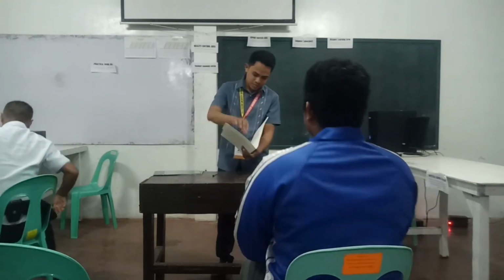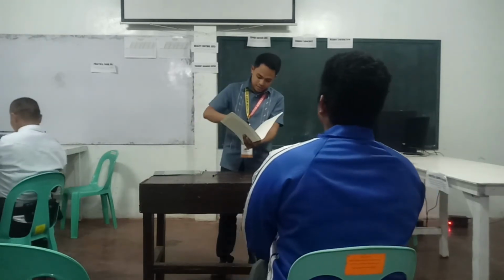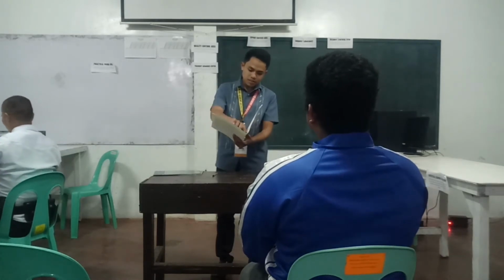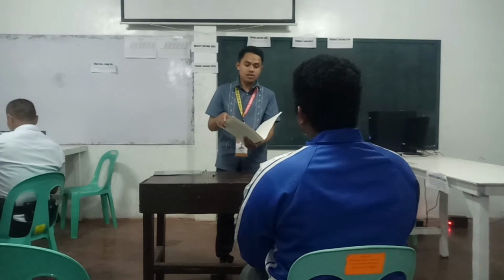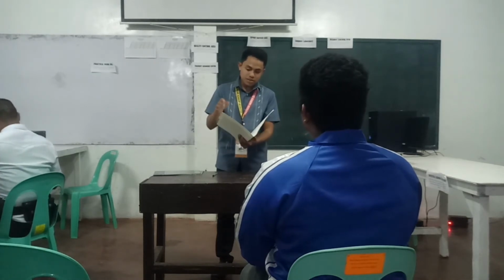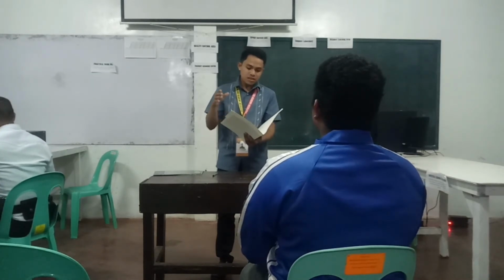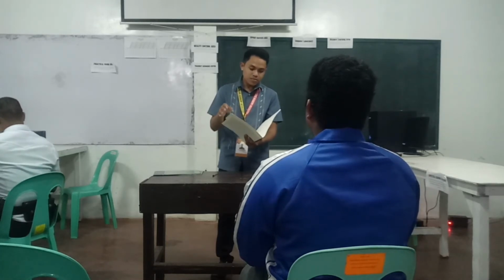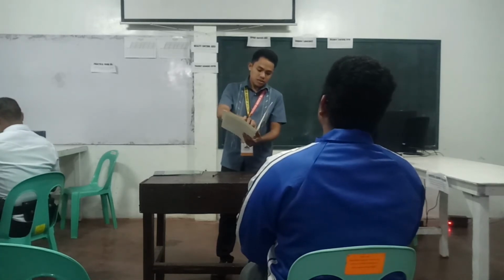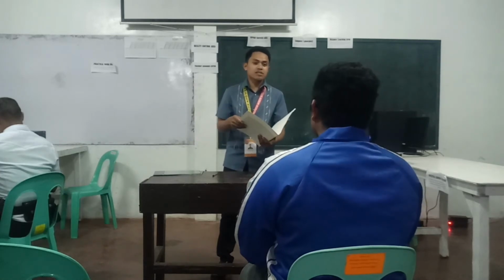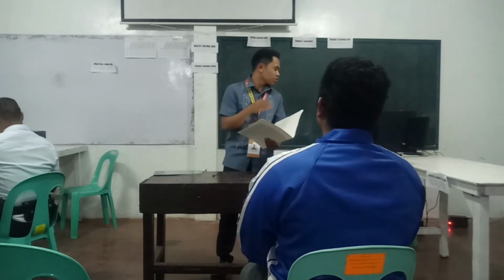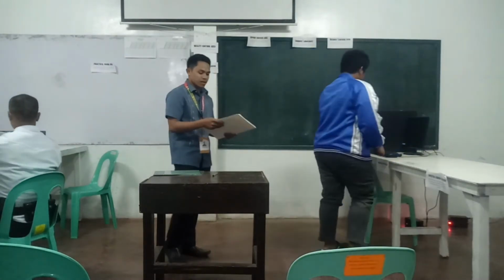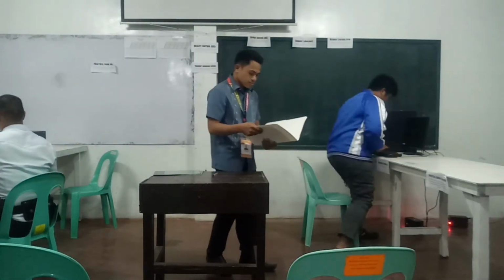Okay, so Mr. Aldrin, since you have related experience in this qualification and you passed your certificate to me and I checked it, it is valid, but we will continue to validate your certificate. So you may now go to our institutional assessment area for your appeal validation, okay?